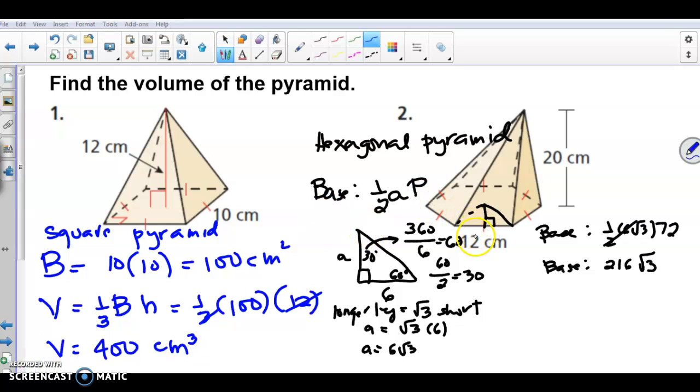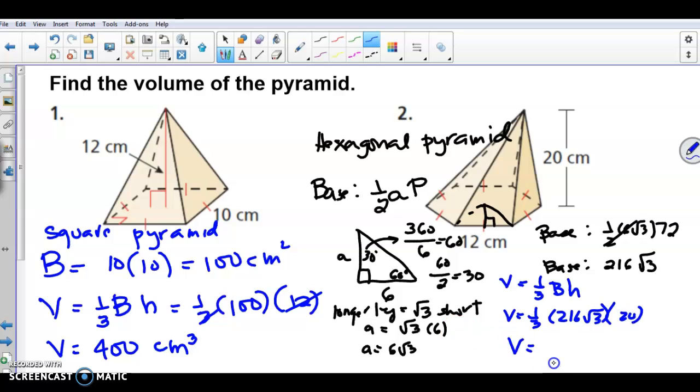So now using the formula for volume, which is 1/3 base area times the pyramid height, we have 1/3 times 216 radical 3 times the height of the pyramid, which is 20.